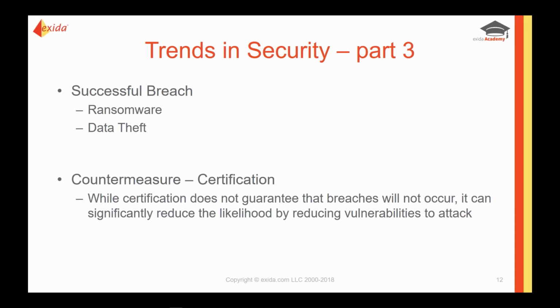Other trends, well, yes, and certainly there have been breaches, ransomware and data theft that have hit the news. And generally, if you can certify areas of your system, go through all parts or the applicable parts, let's say, of the 62443 standard, you can help significantly reduce these breaches. Doesn't guarantee that they won't happen, but it does help eliminate significant vulnerabilities that could potentially be built into your system.